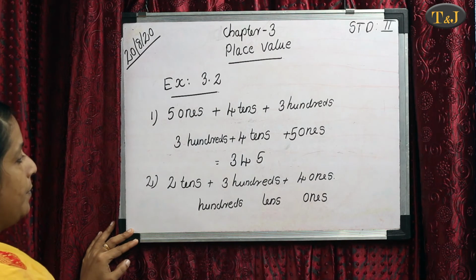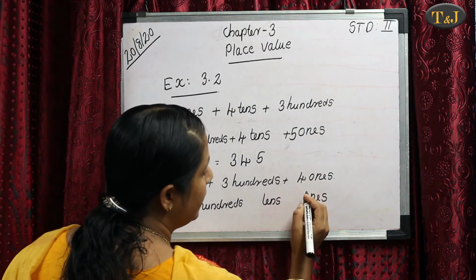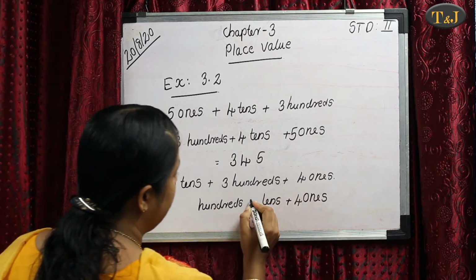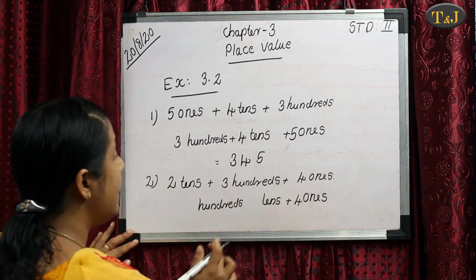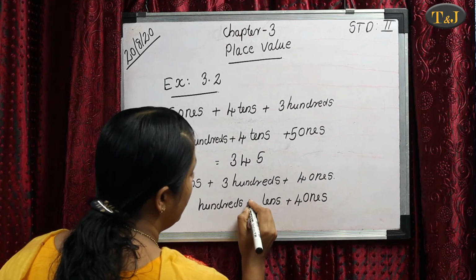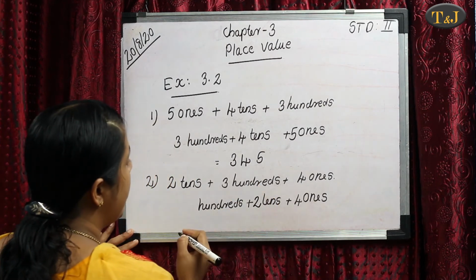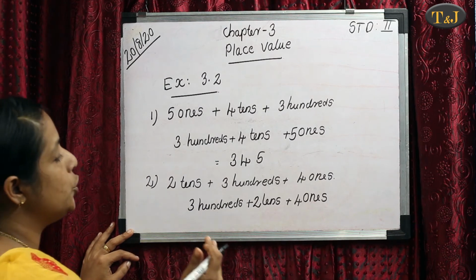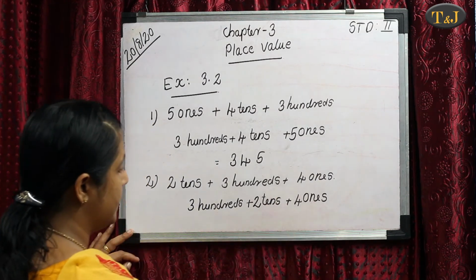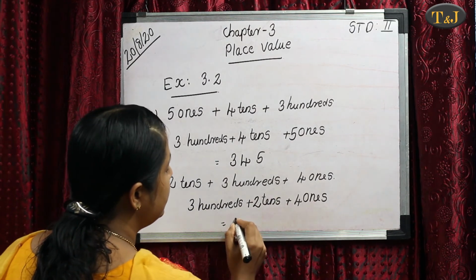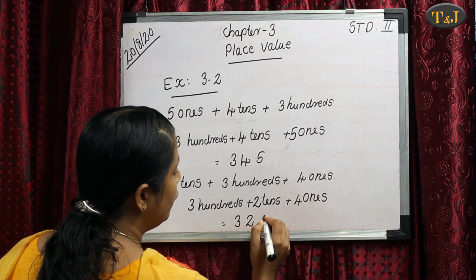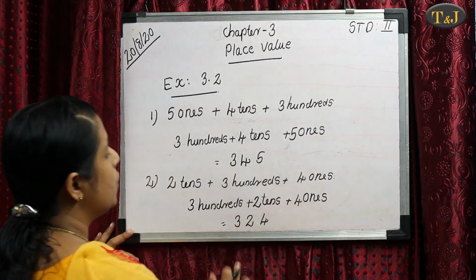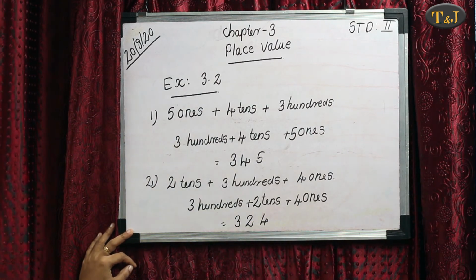Next we write the numbers. Ones number is 4. So we write 4. Next number is 2, tens. 3 is in hundreds place. So 3 hundreds plus 2 tens plus 4 ones. So we write the number as 3, 2, 4. So our number is 324.